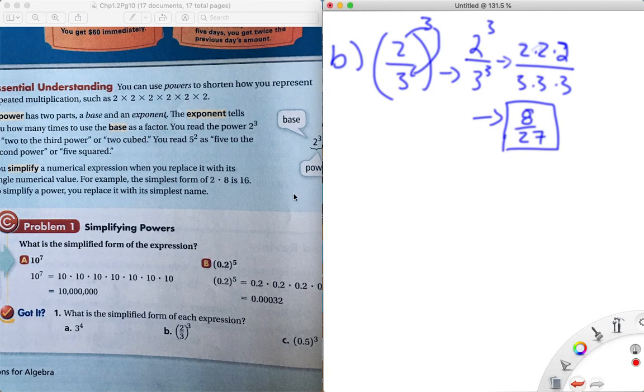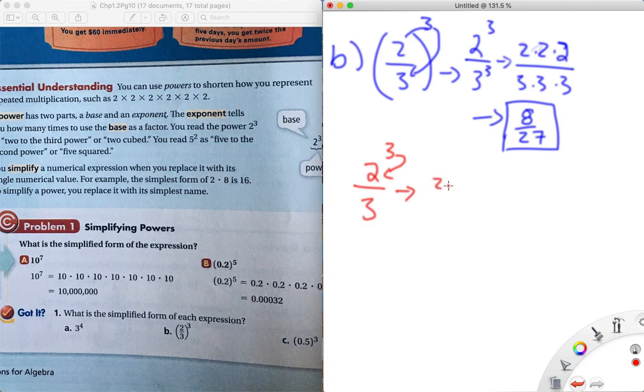There is a common error that people make when they do these types of problems. The difference between this problem, with only the 2 being raised to 3, and the problem with 2/3 in the parentheses, is that if it's in parentheses, the power applies to the whole fraction. If there is no parentheses, then this 3 only applies to the 2.